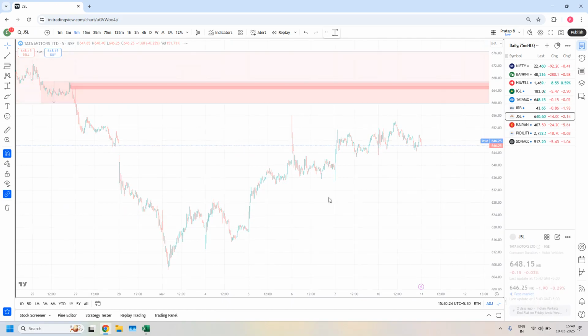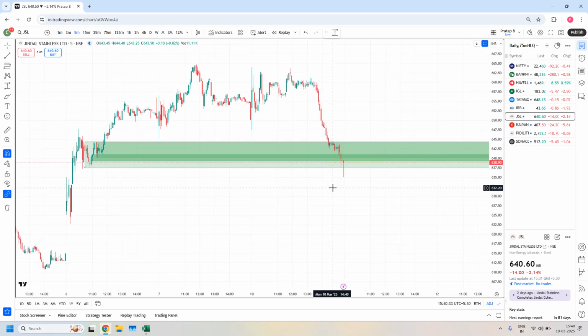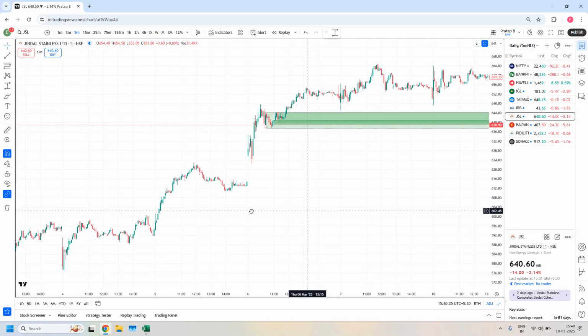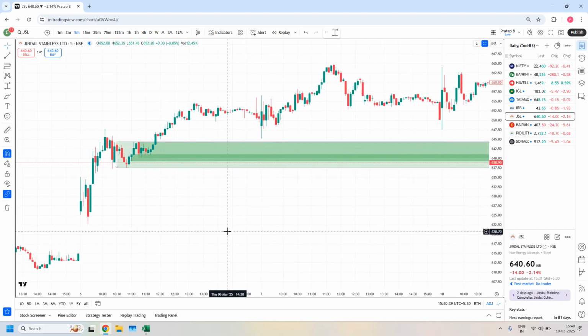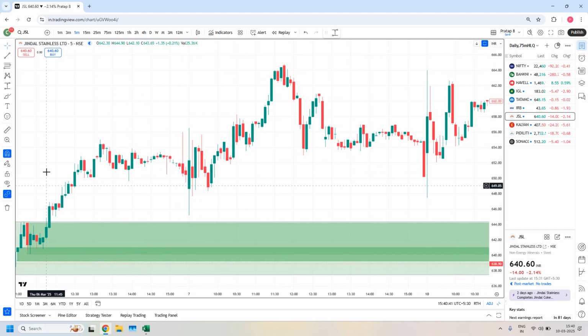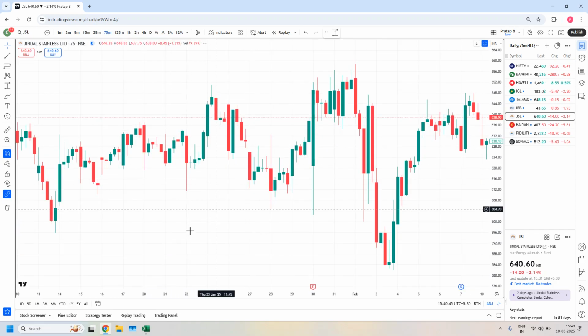IRB we discussed. The next one is JSL, Jindal Stainless. This is a 75 minutes high liquidity zone. Let's go to 75 minutes.